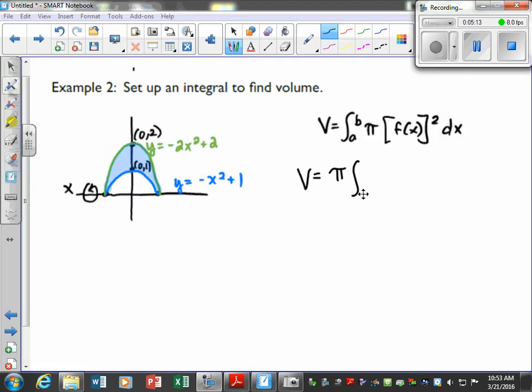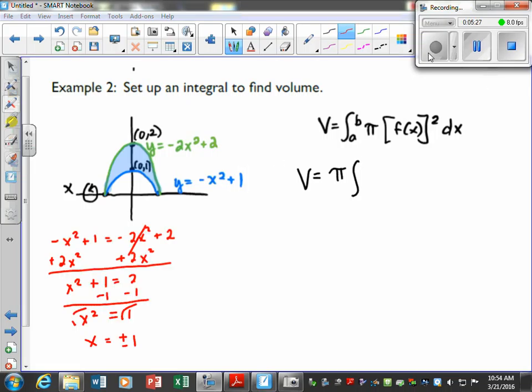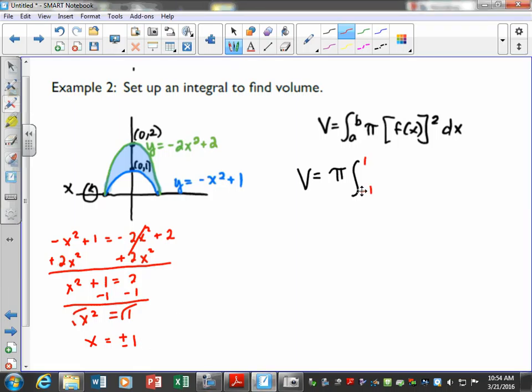Now, to get these, we can set these two equal to each other and solve algebraically, or you can do the intersection in your calculator, whichever's better for you. So I'm going to pause it and do that on the side. Okay, algebraically we get x is plus or minus 1, so we're going to have our intervals there.